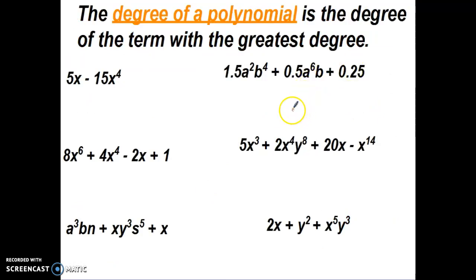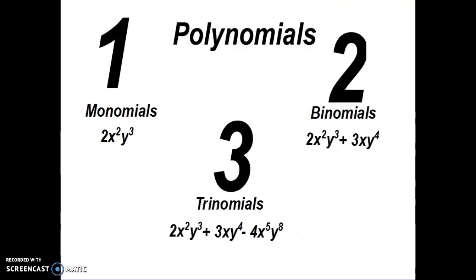All right, the degree of a polynomial is the degree of the term with the greatest degree. Polynomial means many, but let me break this down so people don't get confused. Poly means many, which means more than one.